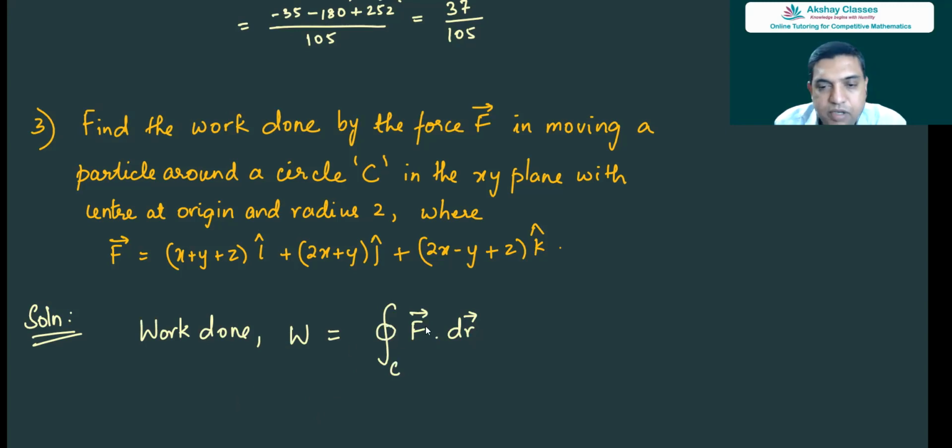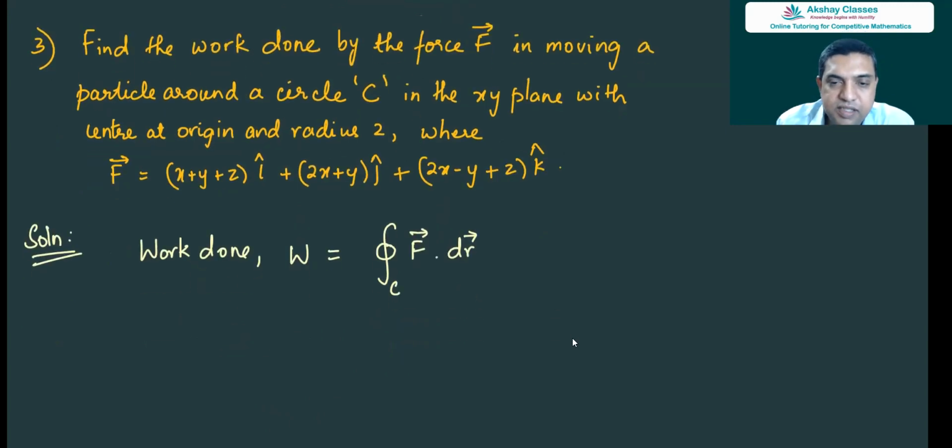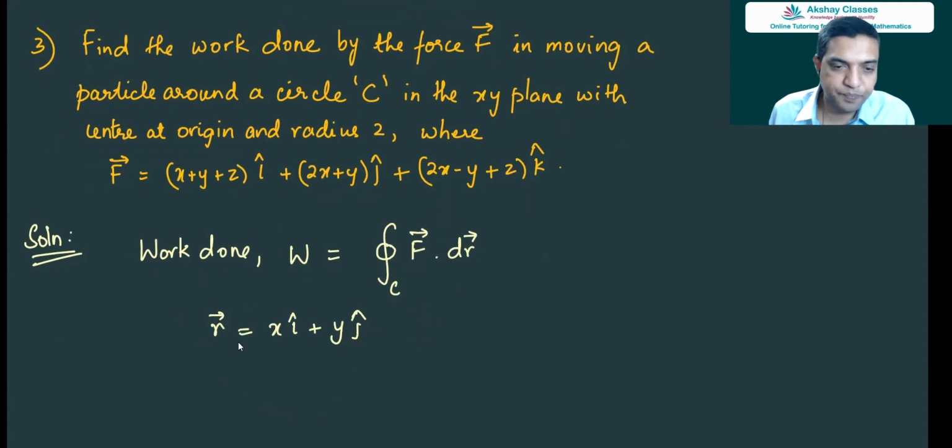integrated along C. Now I am putting this circle like this because it is a closed loop around a circle. So work done is this. Now F is this. What is dr? So r, in our case, because it's an xy plane, r is xi plus yj and z is 0 because it's the xy plane.